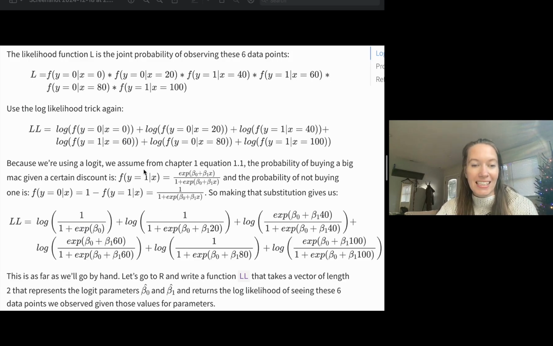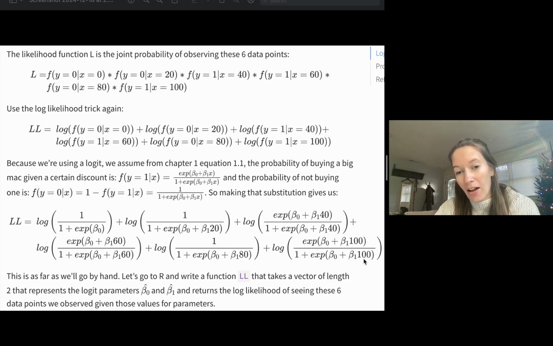The probability of success, and then the probability of not buying the burger is just 1 minus this, which if you simplify it, is just 1 divided by 1 plus e to the beta 0 plus beta 1x. Now I just make this substitution, plug in this every time we got a success here, and this every time we didn't get a success, and then I also plugged in what their discount rate was.